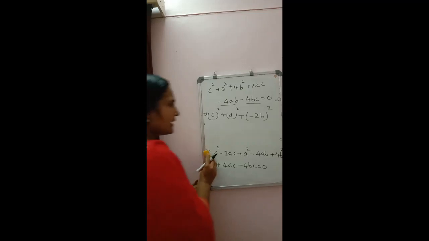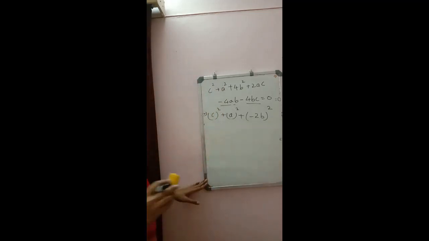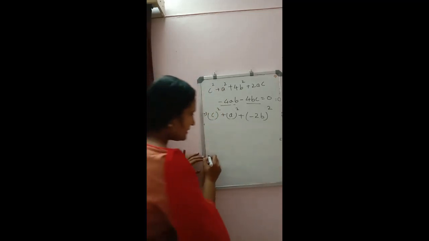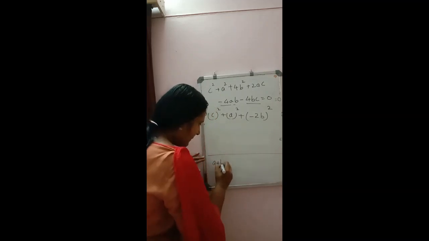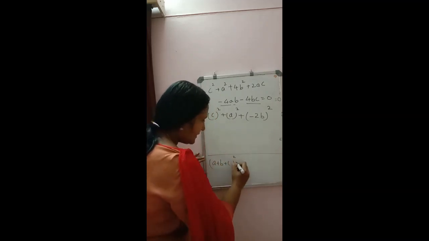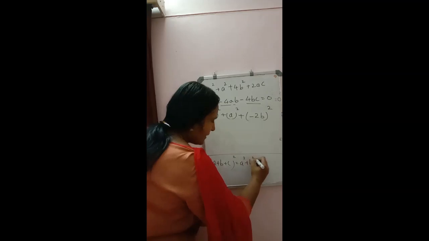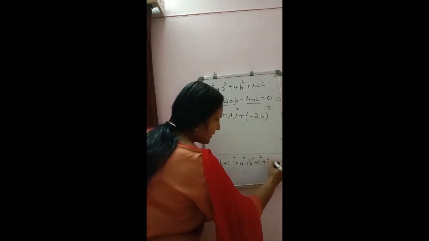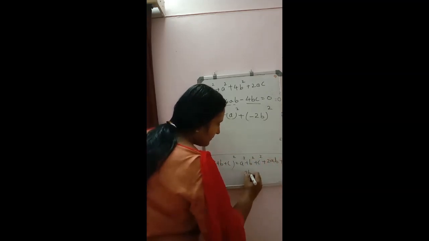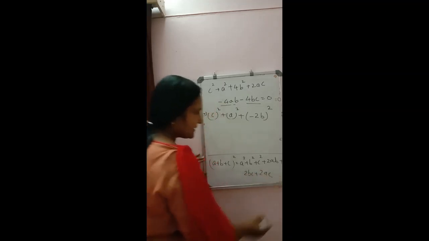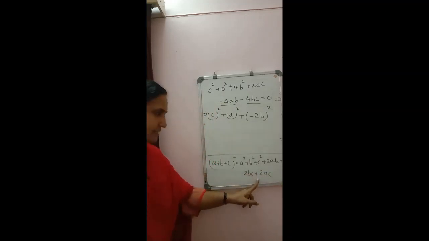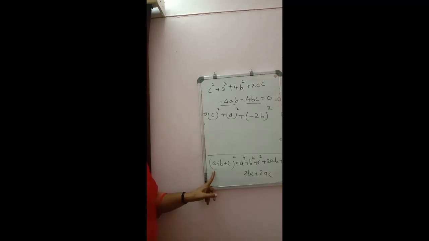We are rearranging in terms of identity. That identity was, I am writing here the identity, (a plus b plus c) the whole square is equal to a square plus b square plus c square plus 2ab plus 2bc plus 2ac. So the expression is given in this way. We are rearranging in this way.